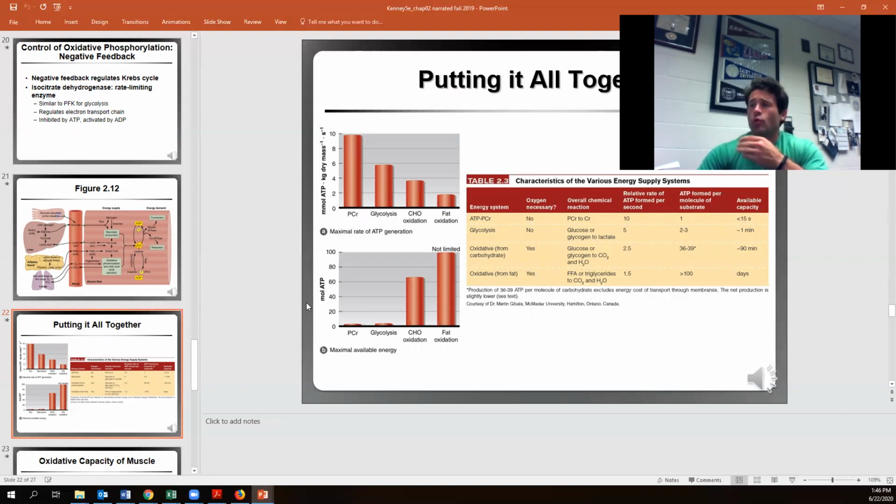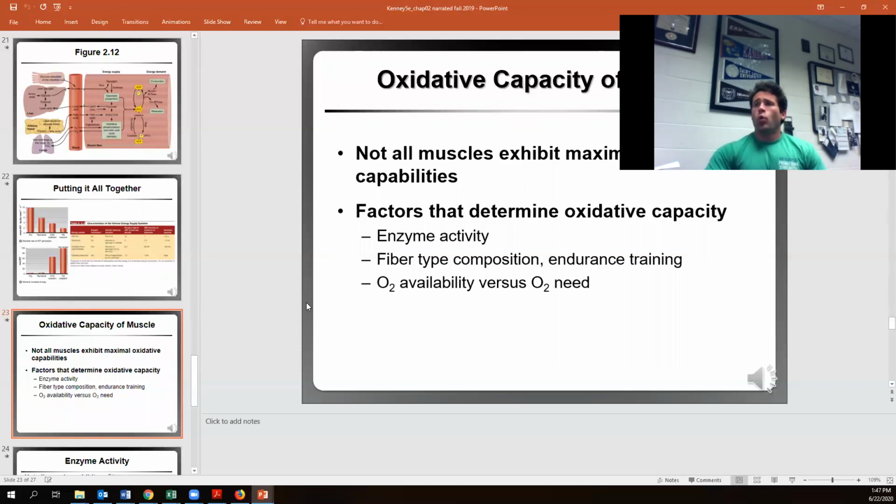So take your time, read through this slide, and then look at the tables and understand these graphs. Now, what we're going to find is individual muscle fibers are going to have preferential fuel sources, and we can always improve our energy systems by increasing the amount of mitochondria in our cells, increasing the amount of enzymes related to those energy systems in our cells, and increasing the storage of those nutrients inside of our cells.